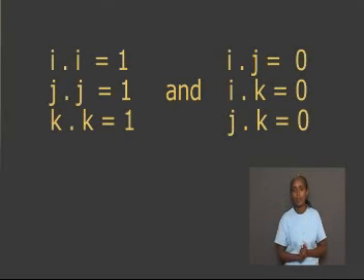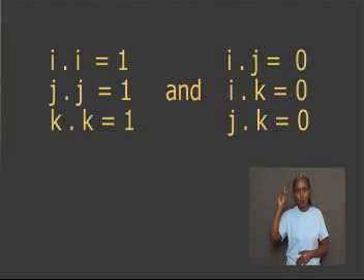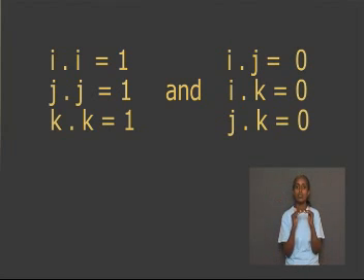The scalar product of perpendicular vectors is 0. This is because the cosine of 0 degrees is equal to 1, and the cosine of 90 degrees is equal to 0.